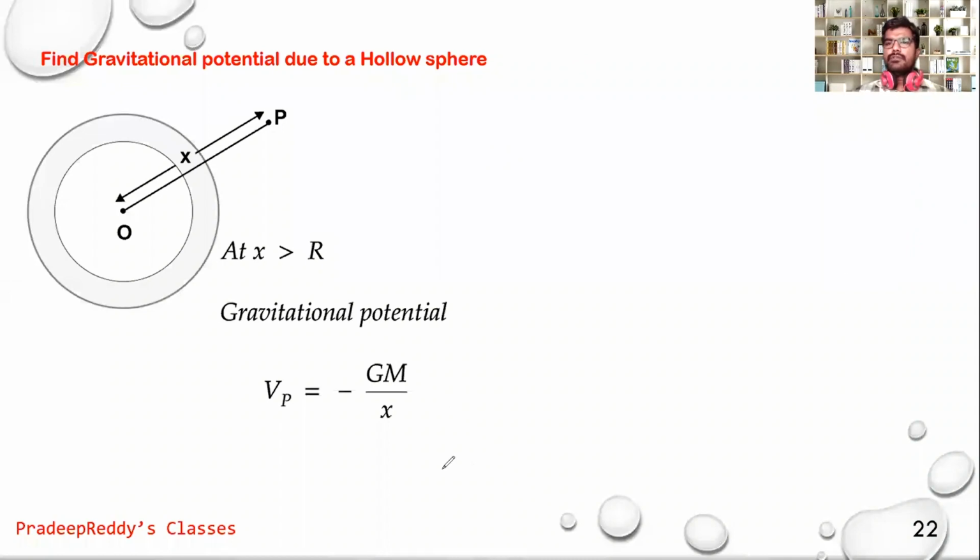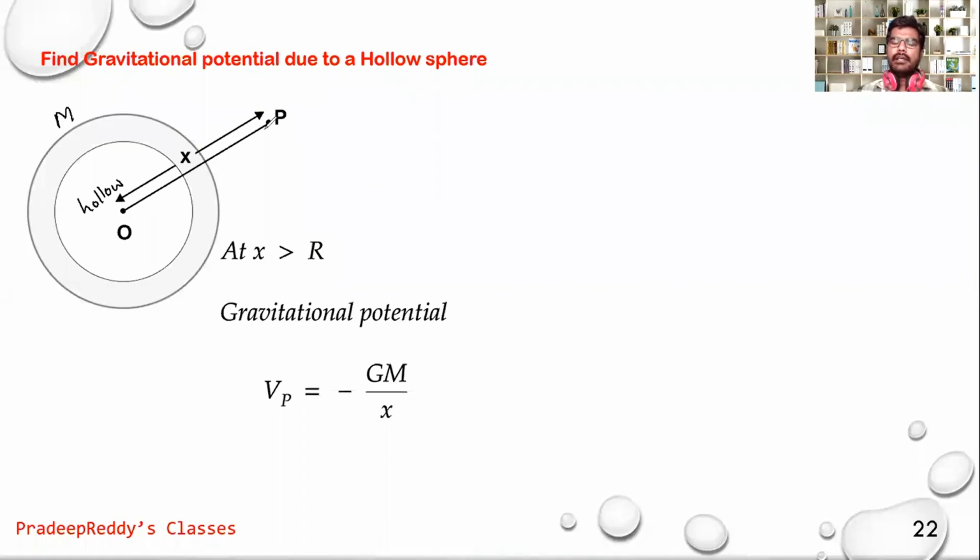Students, now let us calculate gravitational potential due to a hollow sphere, where this is hollow. There is no matter here, and let its mass be capital M, and it can be measured at distance x.